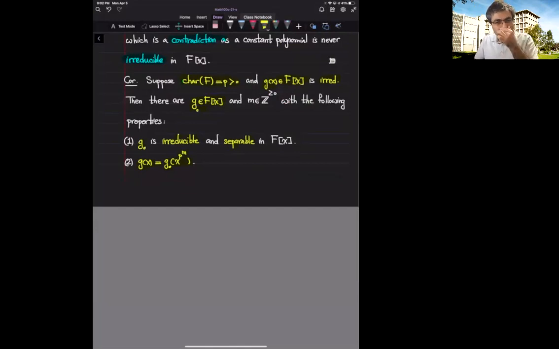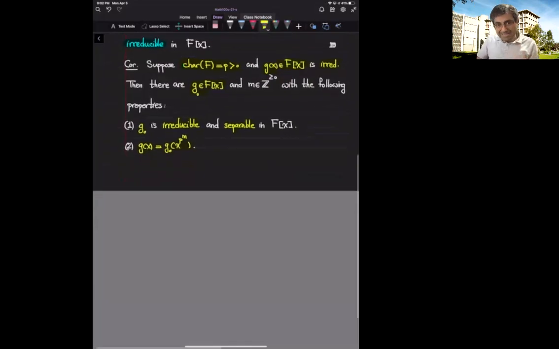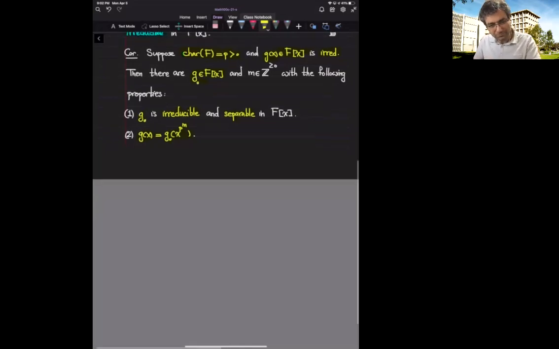So every irreducible polynomial has a separable source. So g is g naught of x to the power p to the m, where g naught is irreducible and separable. So I refer to this g naught as the separable form of g.